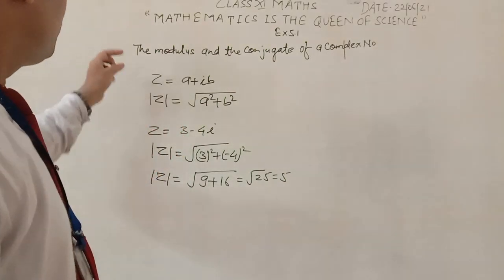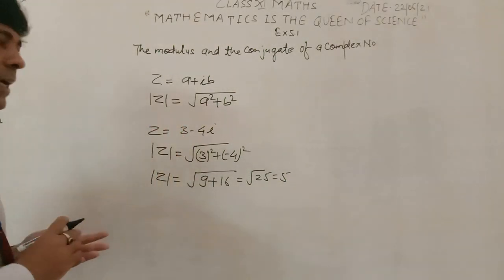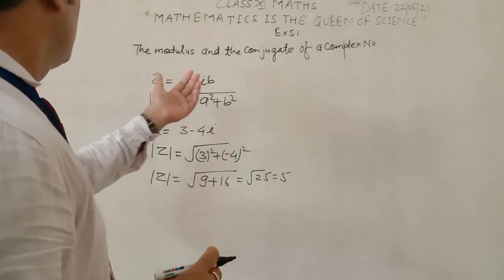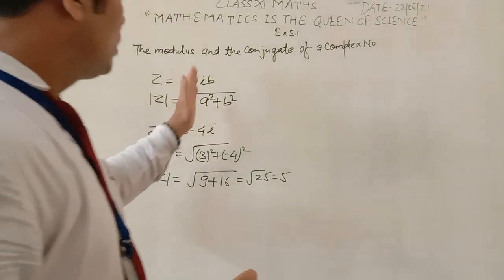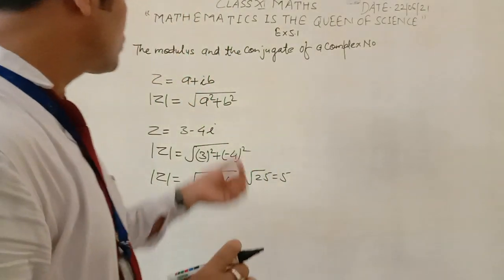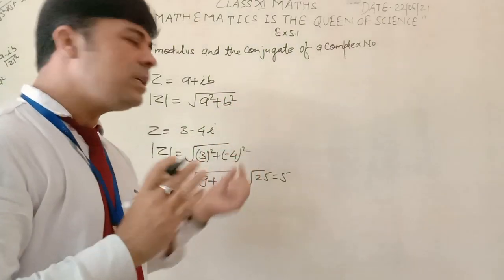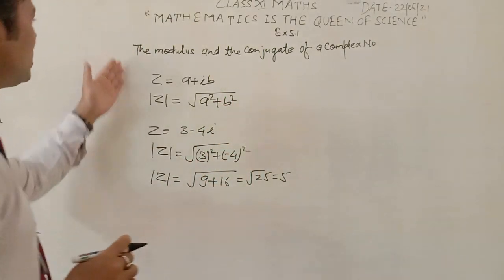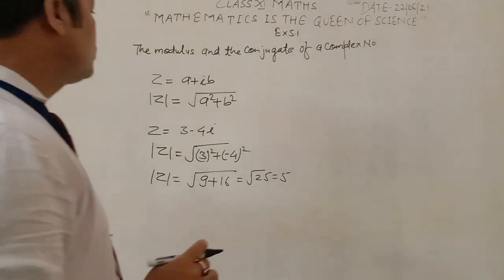So students, if you need to find the modulus of a complex number, then it is under root of the real part whole square plus the coefficient of the imaginary part whole square. This is the value of modulus of z.